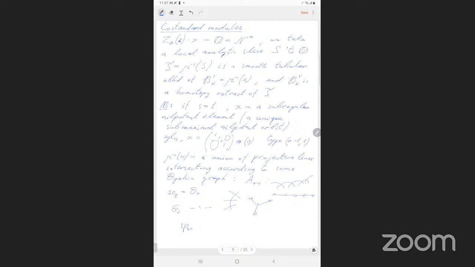I will rather have this, and then one more, and then two more. So I'll have the graph of type D unexpectedly. Okay, there is some strange swapping here.